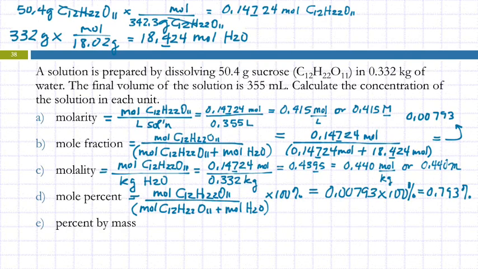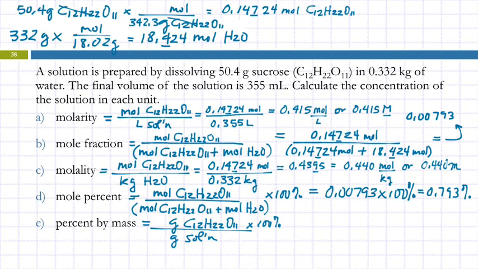Percent by mass. So this is mass. We can choose what unit we use. Grams is good. So grams of solute divided by grams of solution, times 100%. The solution is not just the water.